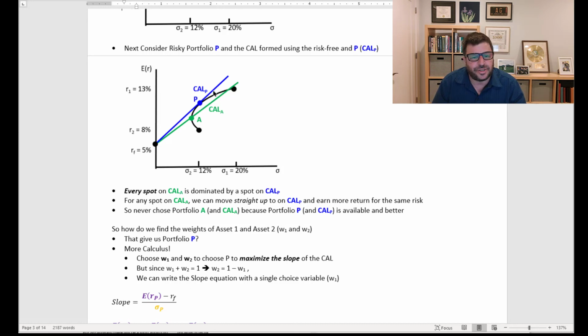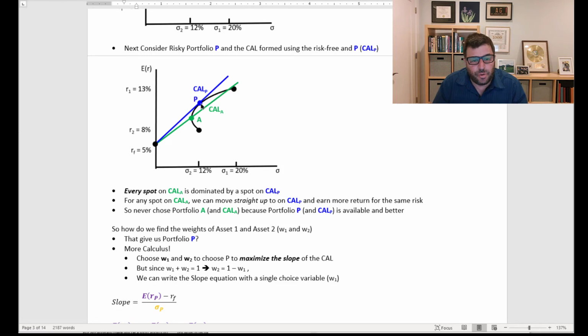How do we find the spot on this curve which provides the best possible capital allocation line? And the way to think about it: I've drawn a random one here at the minimum risk portfolio, and I've drawn the best one at spot P. This one is better because it has a steeper slope.